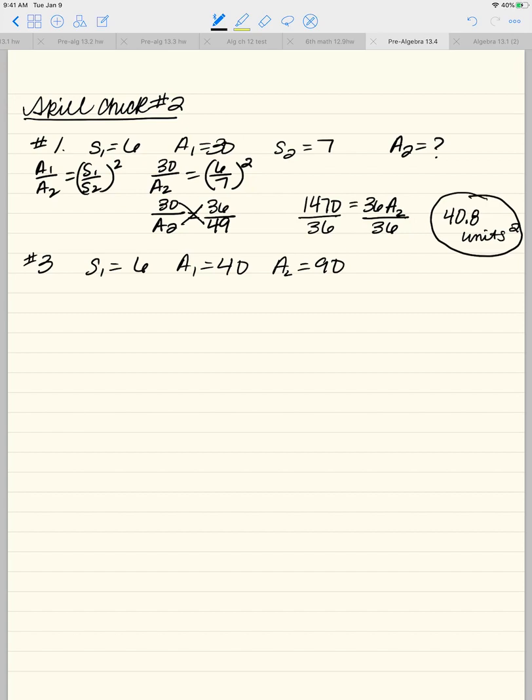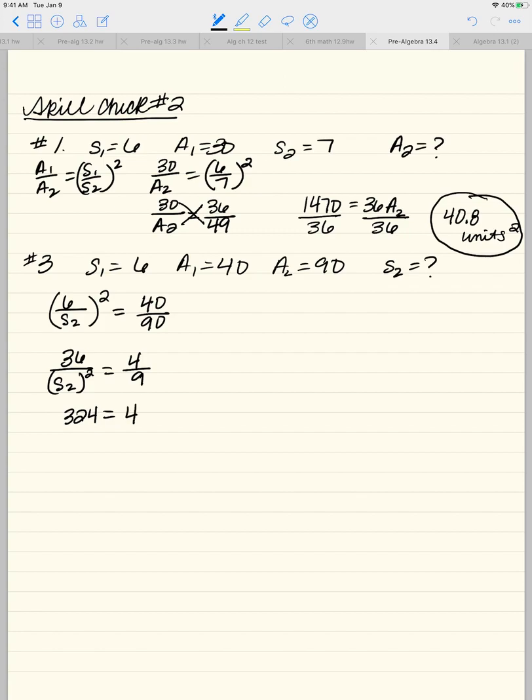All right. Now, number 3, side 1 is 6, area 1 is 40, area 2 is 90, which means we don't know side 2. So side 1, 6 over side 2, we don't know, squared is equal to 40 over 90. So 36 over side 2 squared is equal to 4 over 9. 36 times 9, 324 is equal to 4 times side 2 squared.